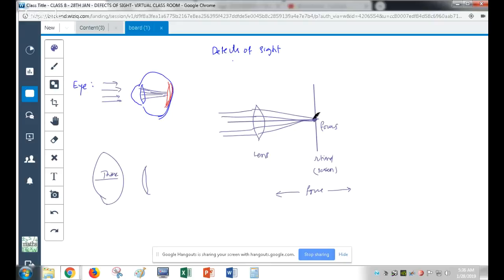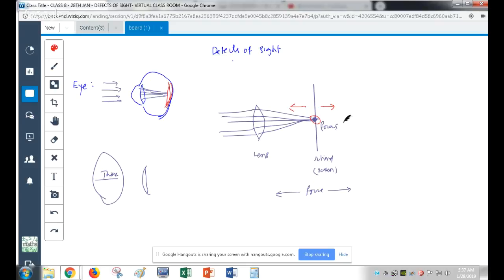When the focus moves forward or away from the retina, which is the screen, you may not be seeing the objects clearly. Blurred vision will be there, and the clarity will go.